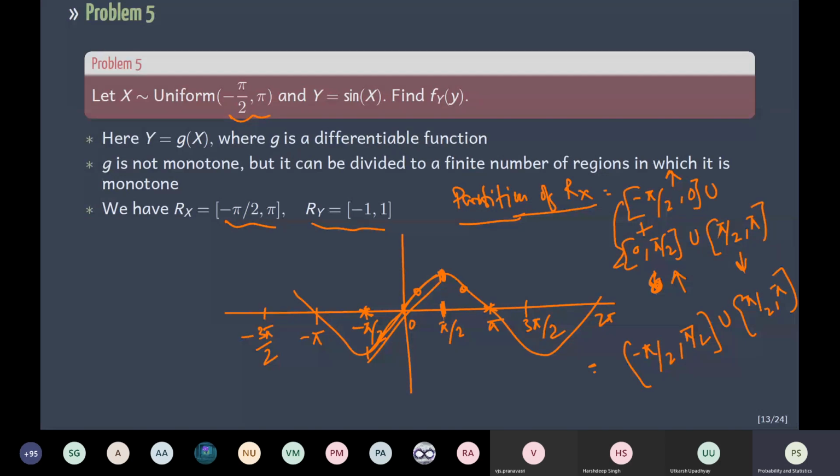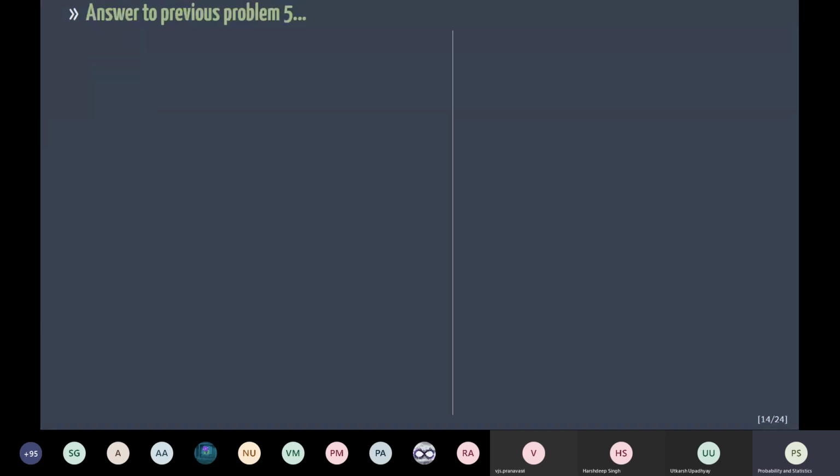Okay, so with these things in mind, now we can go ahead and work out the details, right? So what we need is to find the PDF of the function of the random variable, in other words, the PDF of y. We are given that y is some function of x, in this case sine of x. So g is differentiable, and g is not monotone.